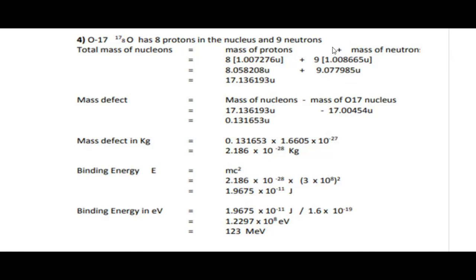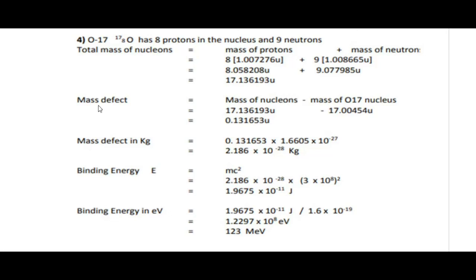So the mass of protons, so we have 8 protons, we'll multiply this by 1.0072 plus 9 neutrons times 1.008, and then add them together. We'll get 17.136193.